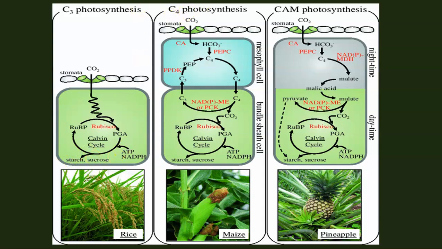Whereas when you come to your C4 pathway, we have the Kranz anatomy that these leaves show, where you have this cycle stretched along 2 different types of cells, that is the mesophyll cells and the bundle sheath cells.